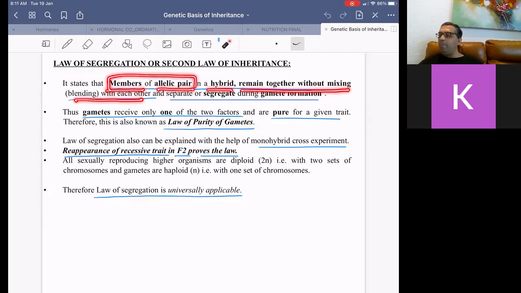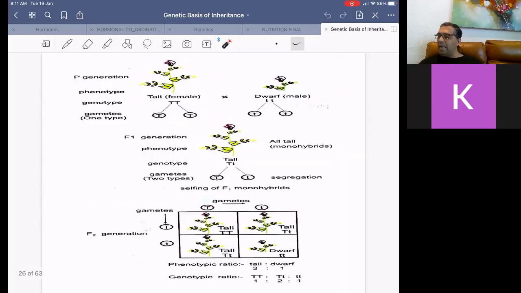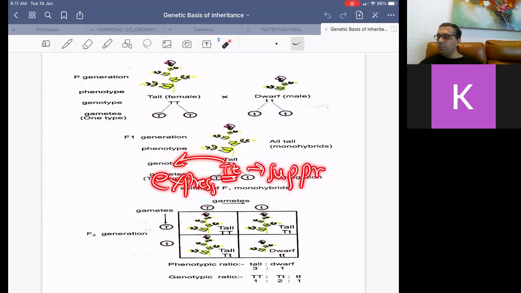So, in a hybrid, capital T and small t are hybrid alleles, and capital T and small t remain together with each other without mixing with each other. तो जब capital T और small t आते हैं, capital T will express, small t will get suppressed, and capital T will express.